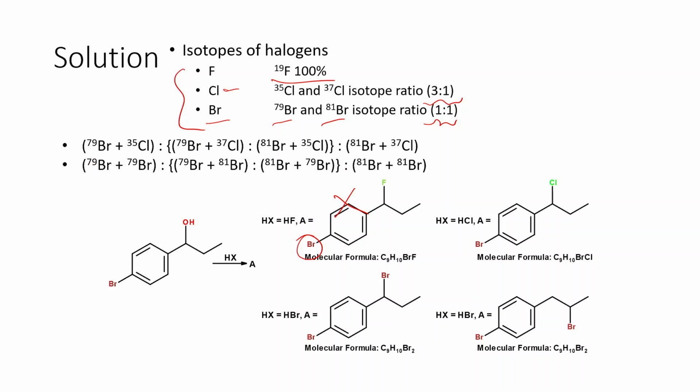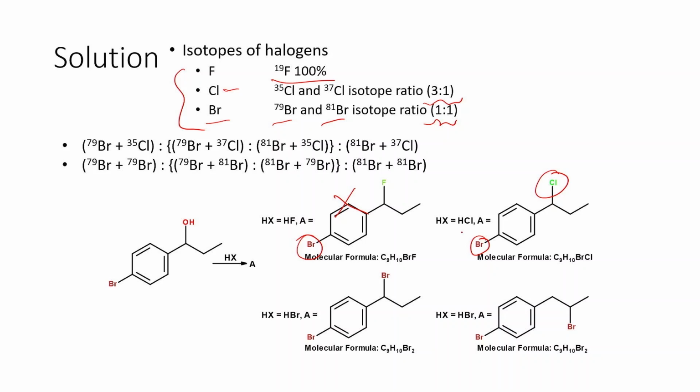If you look at chlorine, it has the ratio of 3:1. So if you have a mixture of products, what are the different types of products possible? One product where bromine is the 79 isotope and chlorine is the 35 isotope, that is one type of product. The second one is bromine 79 and chlorine 37, which is increased by 2 atomic mass units.